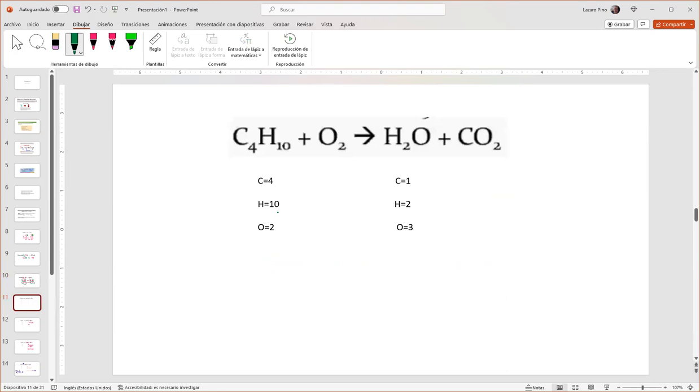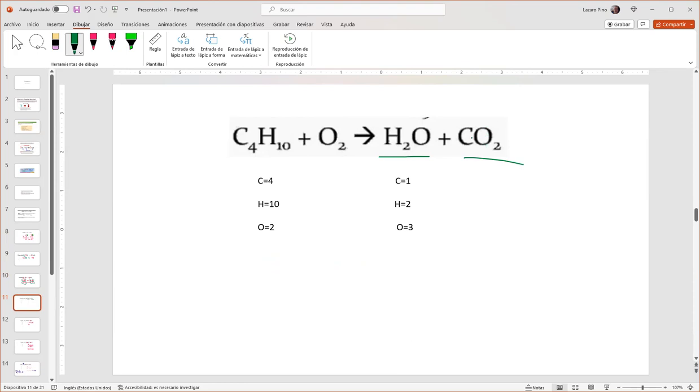Let's see another case. This is a combustion reaction. Every time you have oxygen combining with a substance, and this substance is an organic one, the products will be water and carbon dioxide.